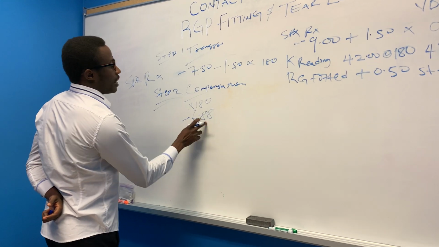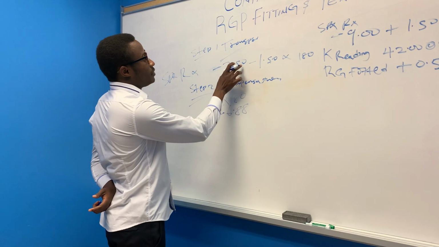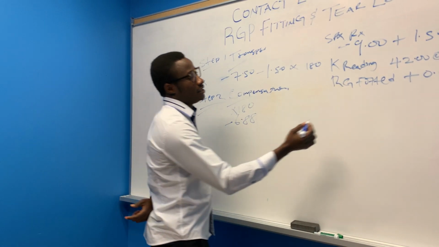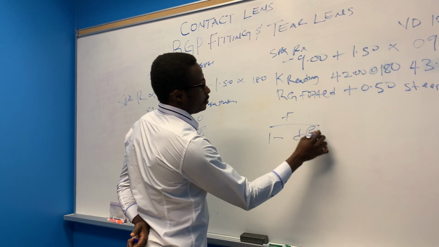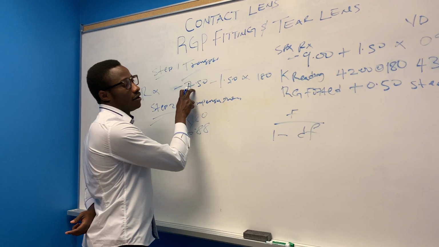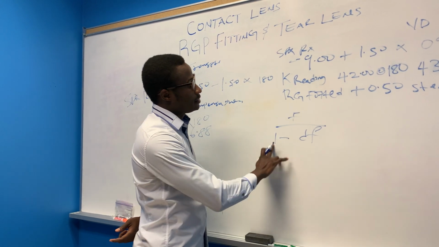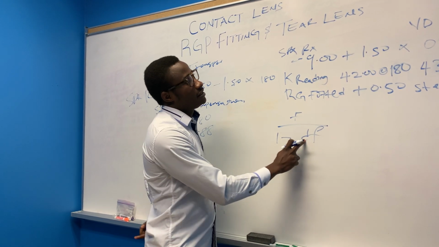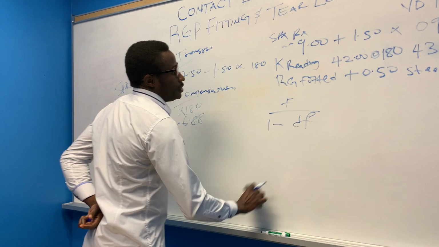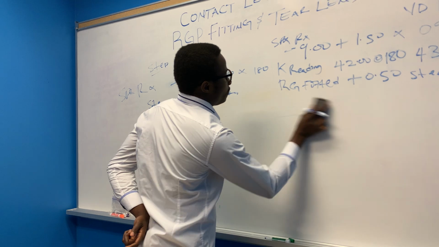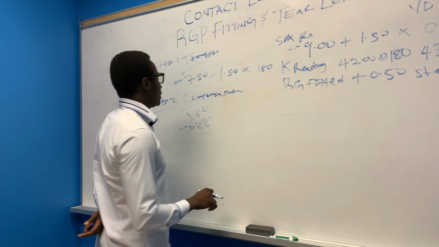For those who may not know how I got this, there is a formula to compensate an Rx: F' = F / (1 - dF), where F is the power of your sphere, 1 is a constant, d is the vertex distance, and F' is the new power. I'm going to make a separate video on how to compensate an Rx.